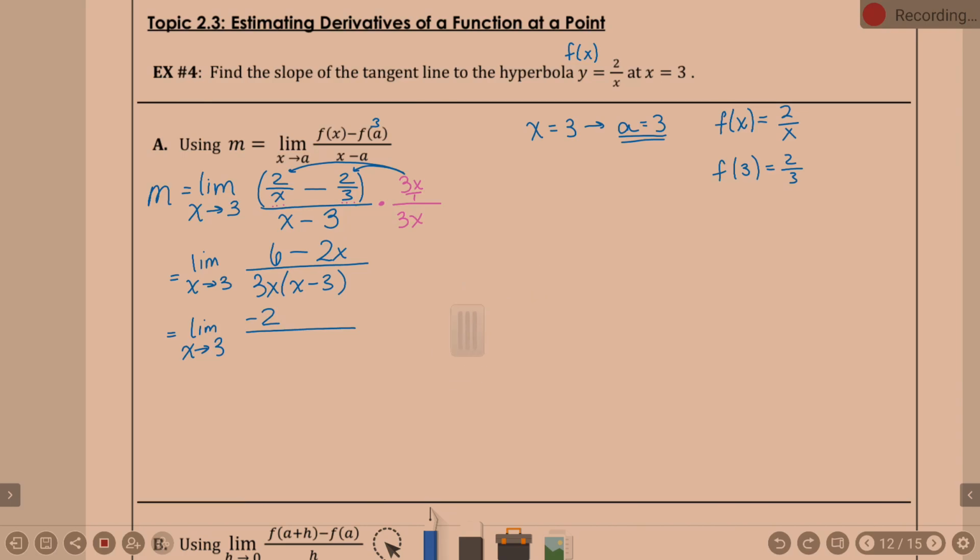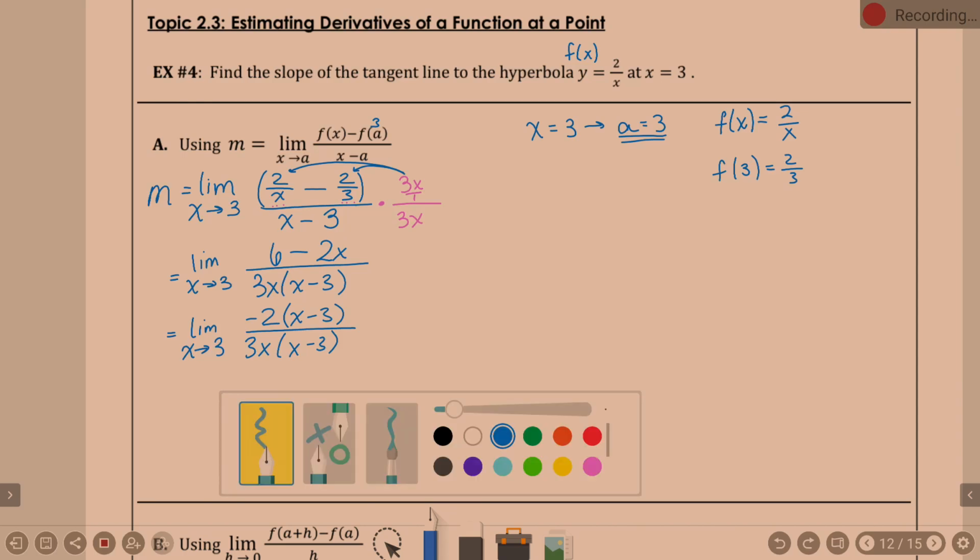Can you switch as we go here? If I factor out -2 from -2x, it becomes x. If I factor out -2 from 6, it becomes -3 over 3x times x minus 3. And what just happened? Cancel.